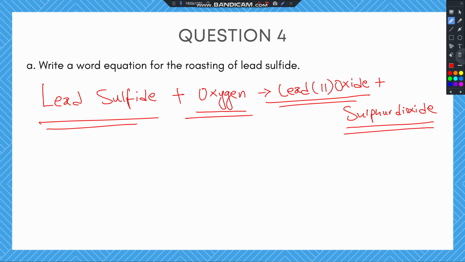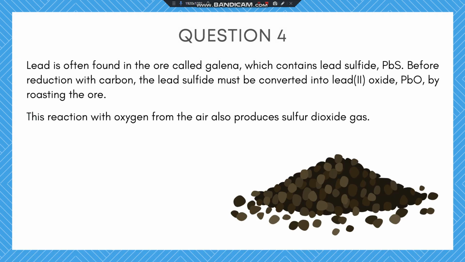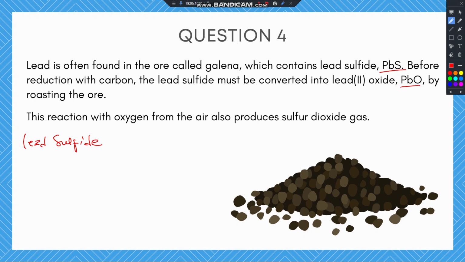This word equation was gotten from the statement that the question gave us. Let's go back to the question to check it out one more time for those who may be a bit confused. They said lead is found in the ore called Galena, and that ore contains lead sulfide, PbS. They also said before reduction with carbon, the lead sulfide must first be converted into lead oxide by roasting the ore.